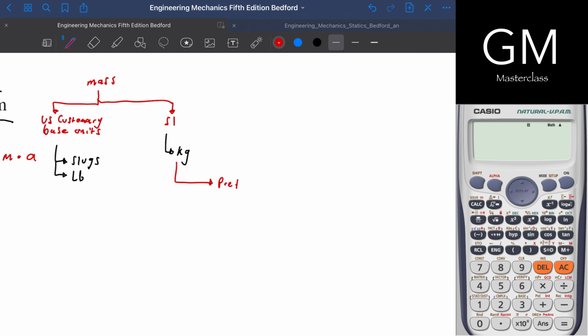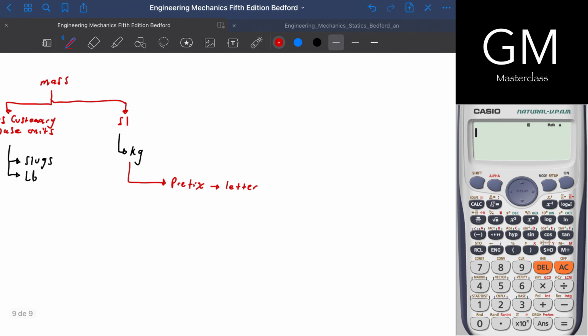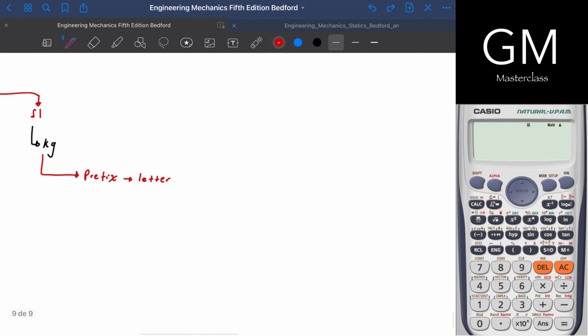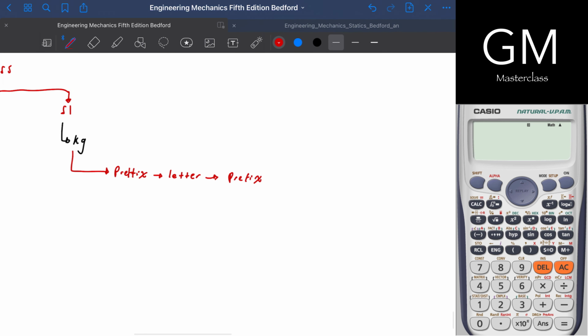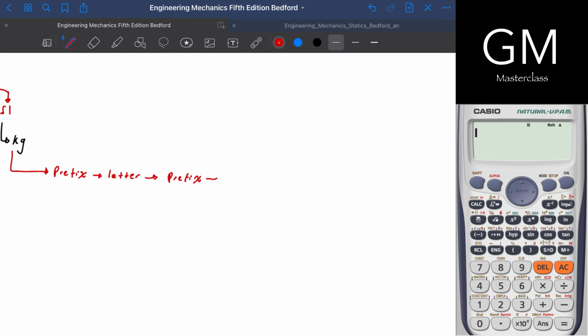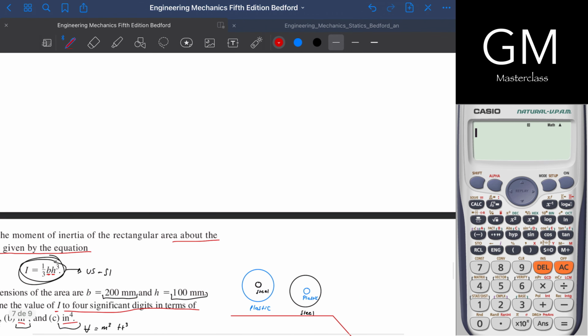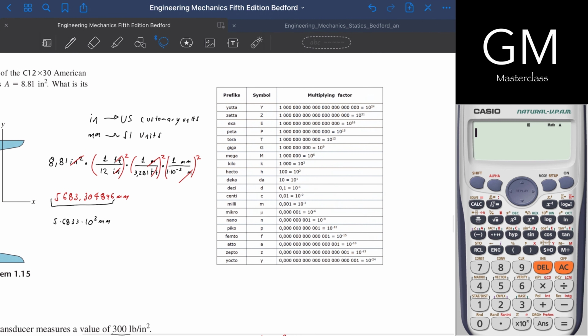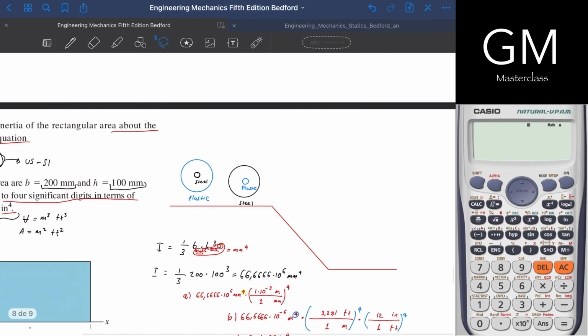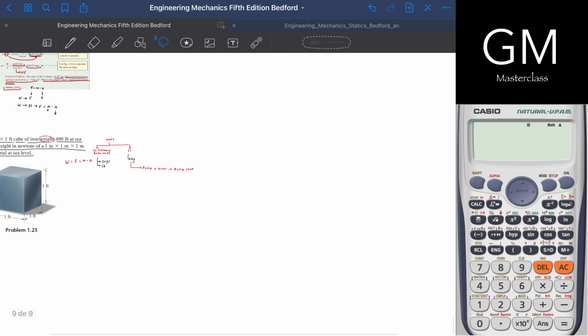A prefix is a letter that changes the value of the letter that follows, in this case, the G. So you can Google prefix chart, and there, let me just get back to the exercises that we have done previously, you will find this chart. Copy and paste.